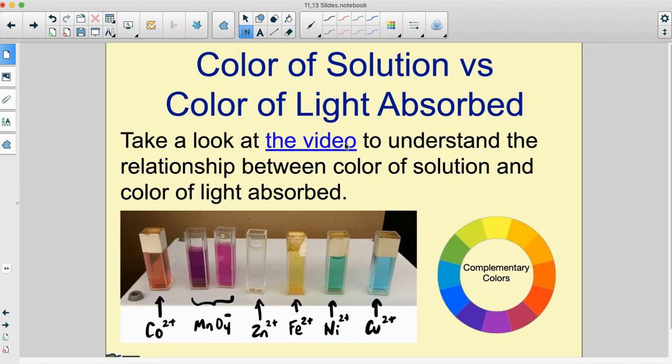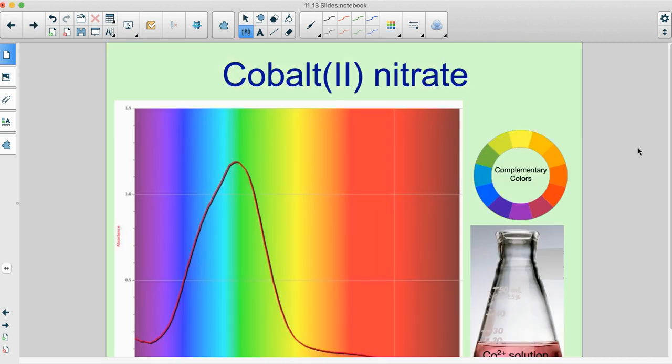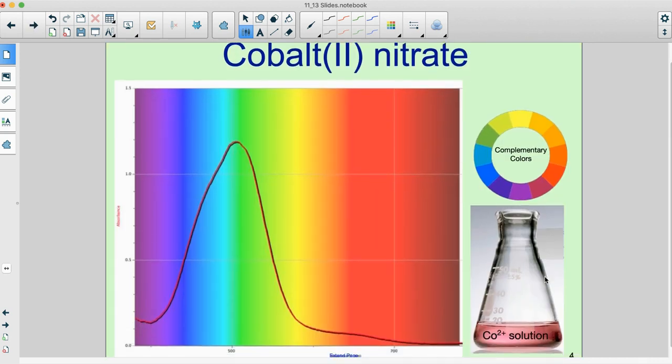So this video right here, you can click on that on the slides if you want to re-watch it, but it goes over the solutions and puts them in the spectrophotometer. And here's a couple of the solutions. Cobalt nitrate, this pink, is absorbing strongly in the green. So at the maximum absorbance, we're in the green area.